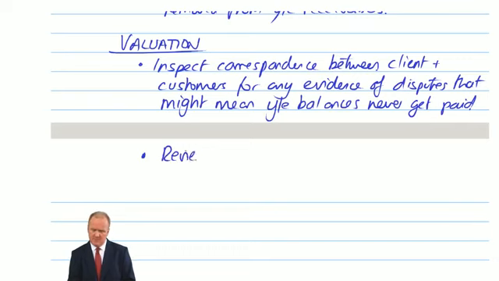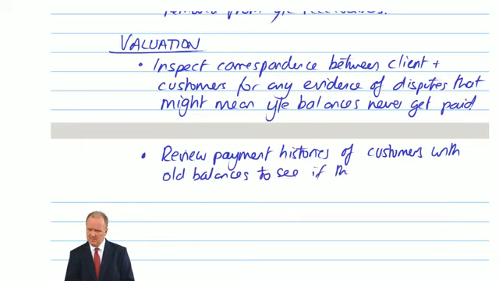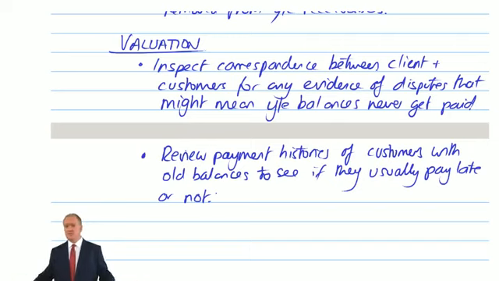I would like to review the payment histories of customers with old balances to see if they usually pay late or not, because that would help to identify if an old balance is a problem or just a customer who always pays late. There you go, 5 tests.